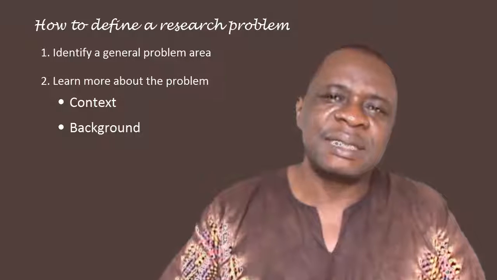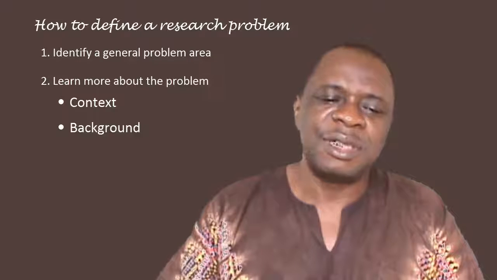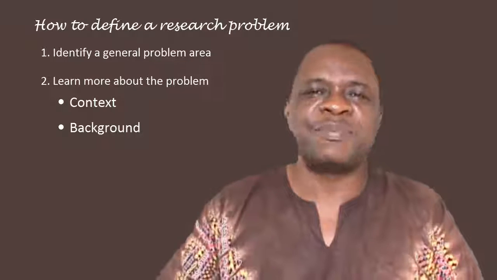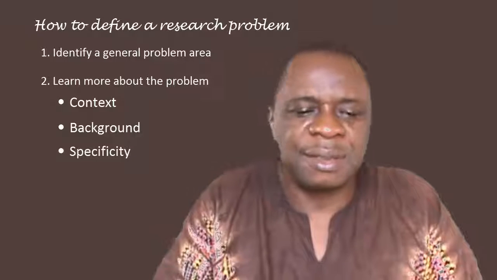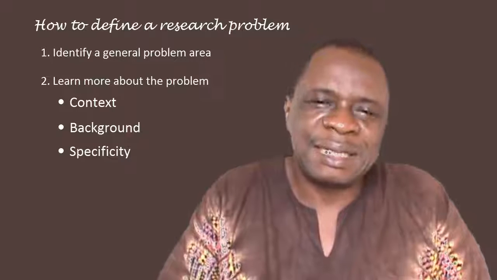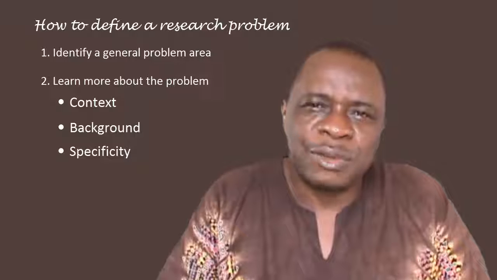Besides looking at the context and the background of the problem, you also need to be specific about the problem you want to study. What exactly are you going to solve? What will you tackle?